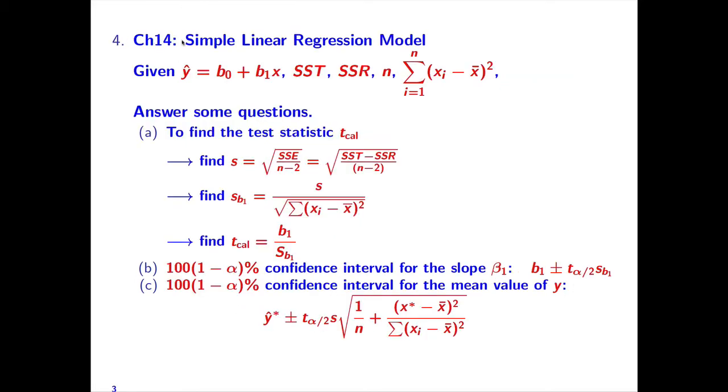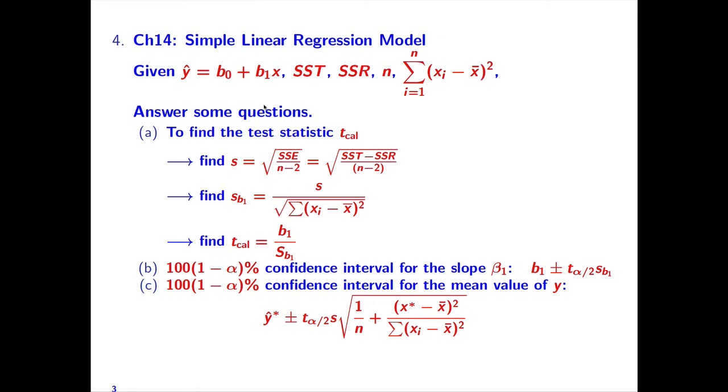Now, chapter 14 is the simple linear regression model. Given the regression equation, y hat equal to b0 plus b1x, SST, SSR, and this sum of squares with respect to x value is the sum of xi minus x bar squared.